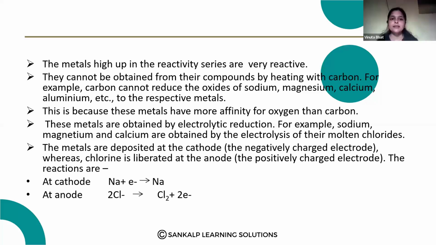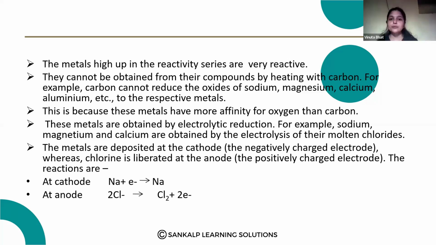They cannot be obtained from their compounds by heating with carbon. For example, carbon cannot reduce the oxides of sodium and magnesium. This is because these metals have more affinity for oxygen than carbon. So, carbon is not used as a reducing agent.